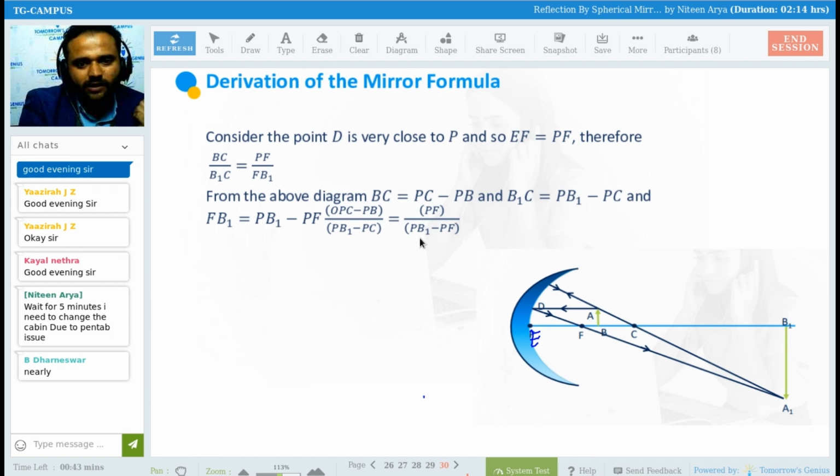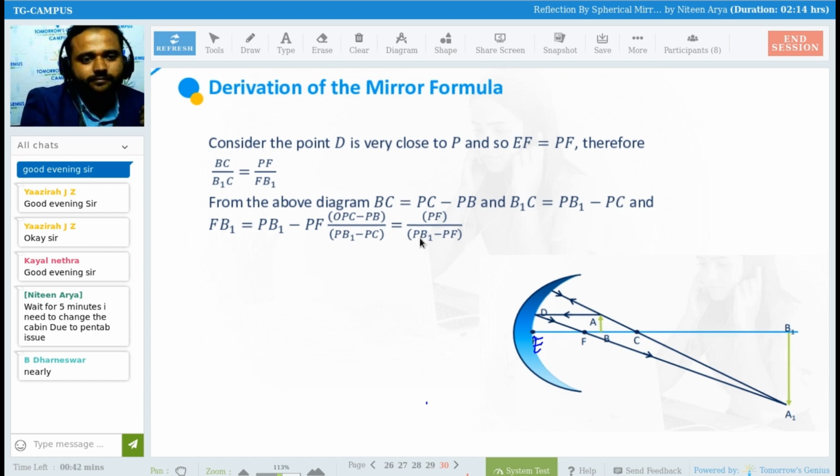From the diagram, this is BC. How can you find BC?